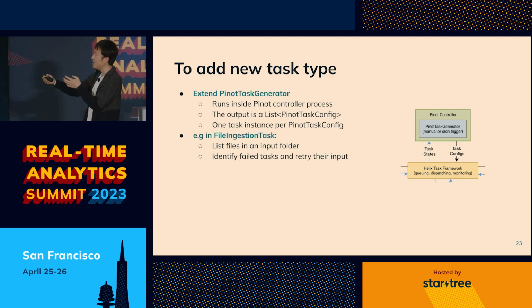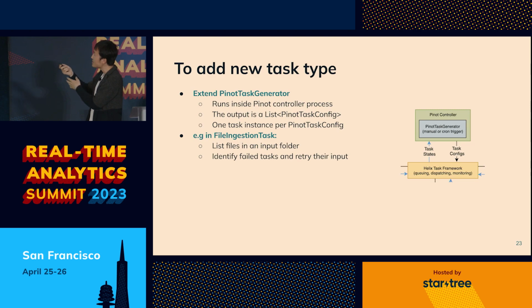So we just skip those so that we don't ingest files multiple times, which may cause data duplication. With this information together, the generator can decide how to schedule the next list of Pinot task configs to ingest a few more files into the Pinot table incrementally.